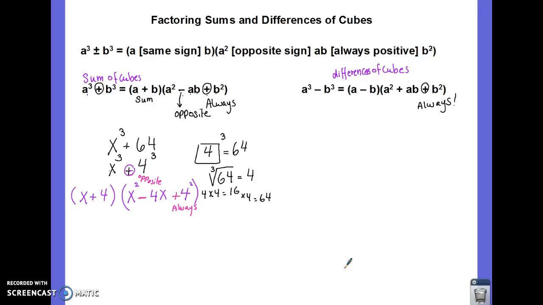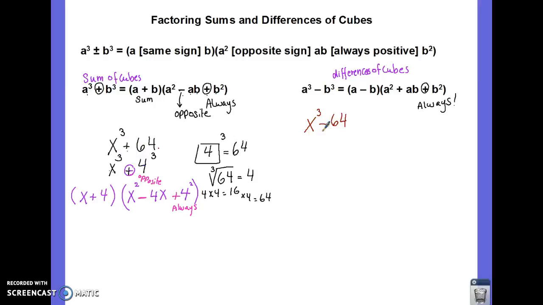It will follow the same exact rules and standards. So, let's try this time x cubed minus 64. Just notice how the two problems look alike. The only difference is this is the sum and this is the difference.